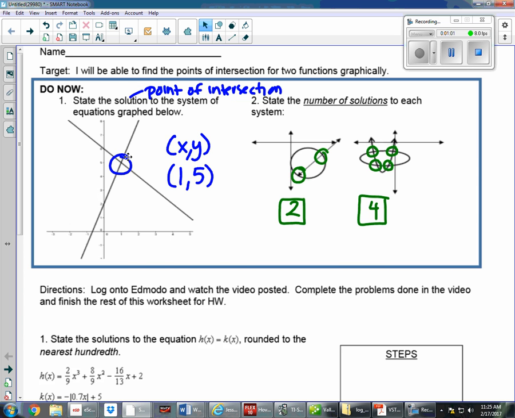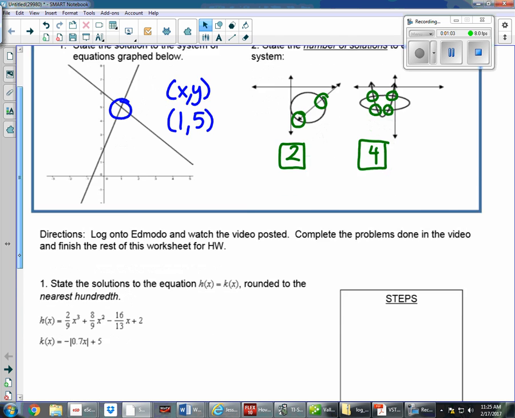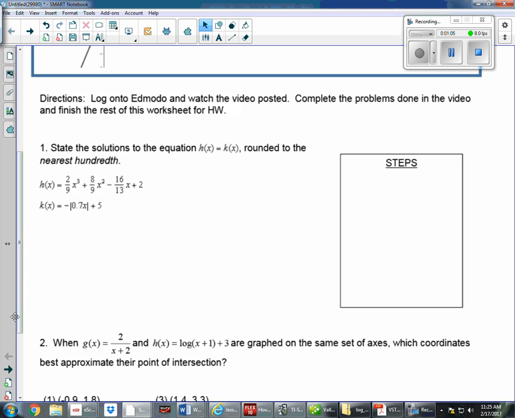Let's take a look at the problem below where we're at right now. It says state the solutions to the equation h of x equals k of x rounded to the nearest hundredth. Now those two graphs are crazy, and we haven't worked with functions like that for solutions. One has a cubed power and one's an absolute value.